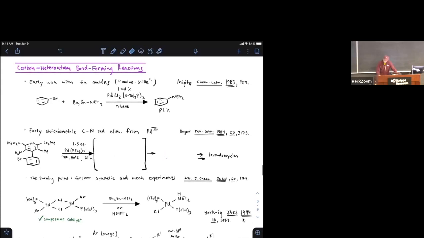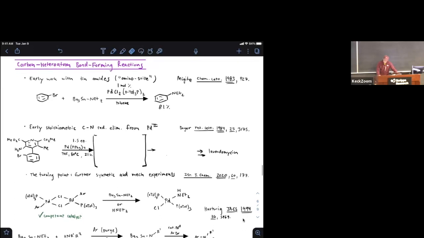Okay, so let's start off by taking a look at a historical overview of this suite of transformations we now refer to as Buchwald-Hartwig type amination, and the key precedents that their contributions built upon.